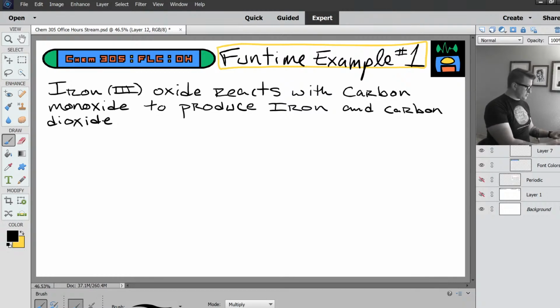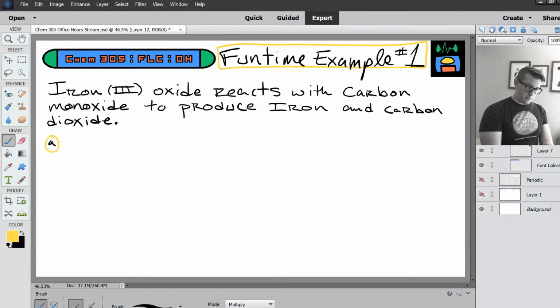Ah, Esther, great question. Okay. So iron 3 oxide reacts with carbon monoxide to produce iron and carbon dioxide. Part A, you probably already know. Write a balanced chemical equation.